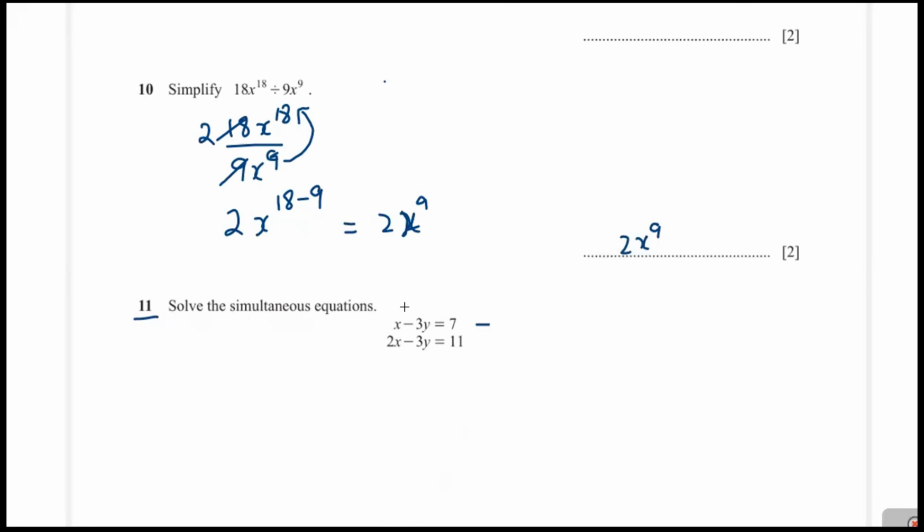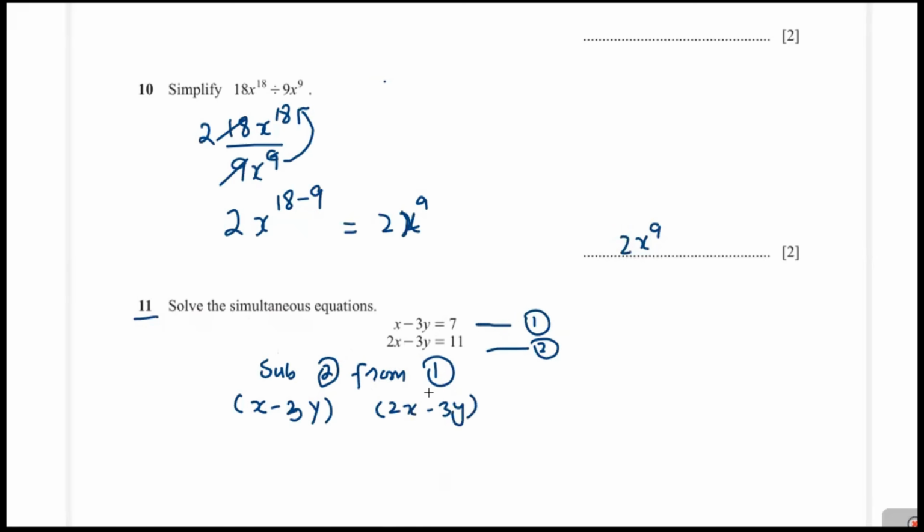Question 11, solve the simultaneous equations. This is equation 1. We name it equation 1. This is equation 2. Now to find the values of x and y, we subtract equation 2 from equation 1. The left hand side of equation 1 is x minus 3y, and the left hand side of equation 2 is 2x minus 3y. Now equation 2 is subtracted from 1.